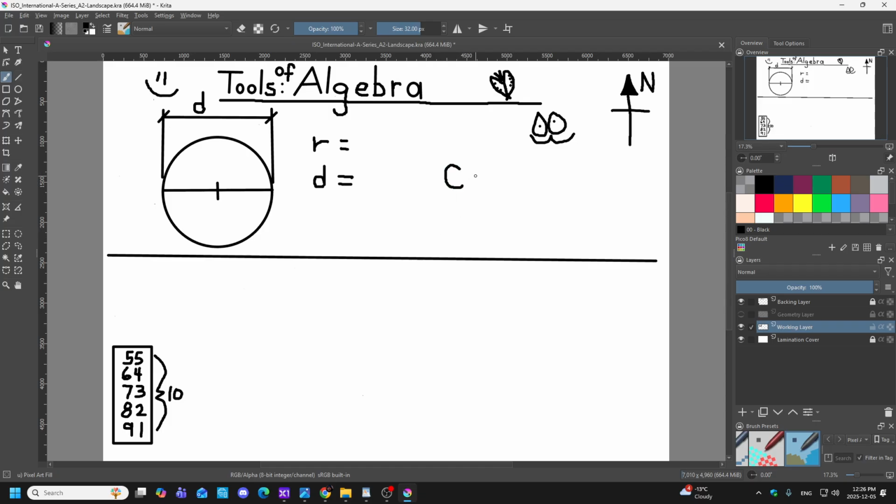C equals pi times d, or 2 pi times r. Now remember, d is equal to 2r.